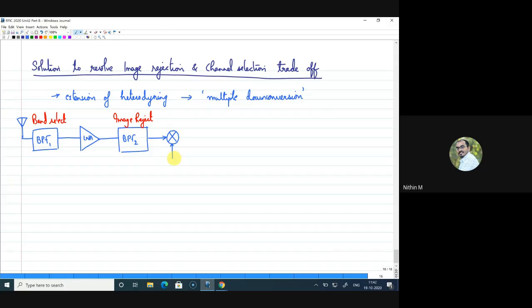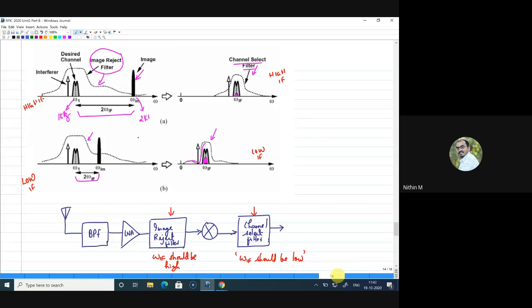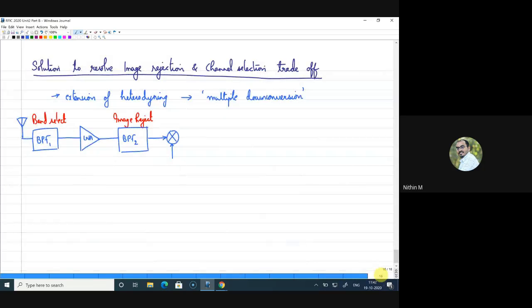So what I'm drawing here is same as what I have drawn in the previous slide, right? Till the channel select filter, that remains same. So I will have a mixer here, and I will be employing a band pass filter here, right? So now you can see that previously what we have done is we have a band select filter at the front end, followed by an LNA.